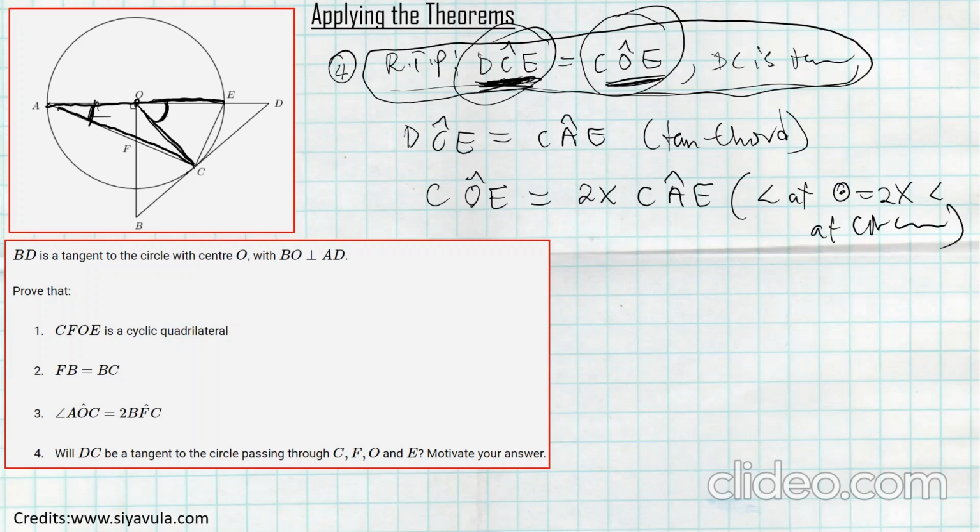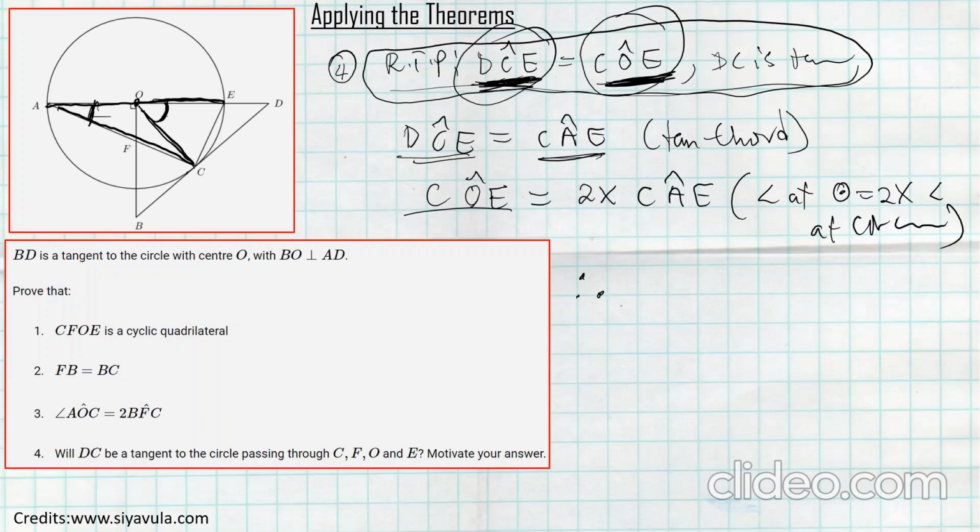We've just calculated angle DCE and angle COE. Can you see that these two angles are not equal to the same angle? This one is just equal to angle CAE. This one is equal to 2 times angle CAE, double that one.